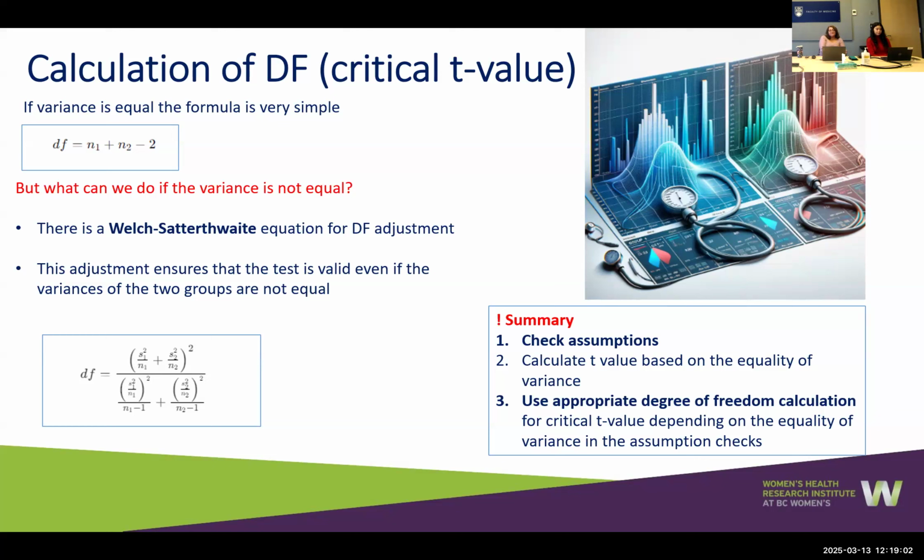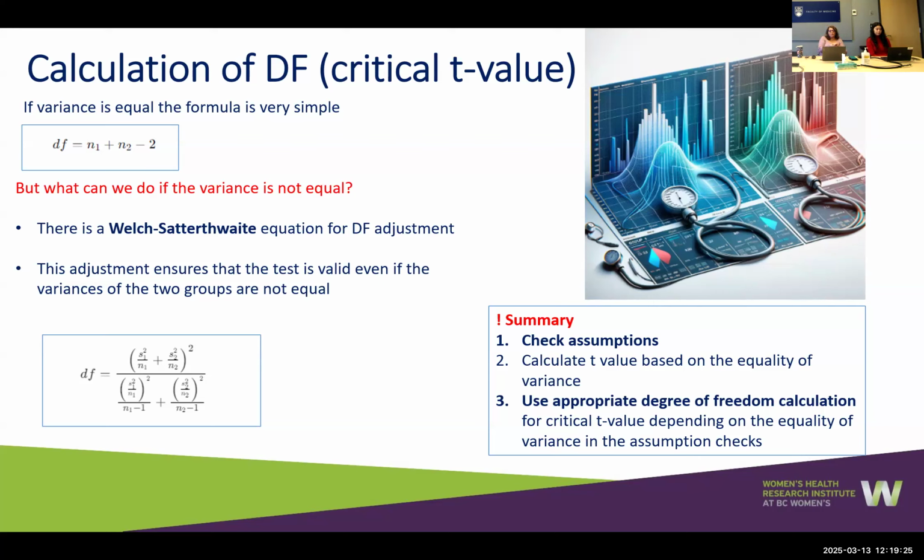So basically, here's the summary of everything I was talking about until now. We need to check the assumptions of our t-test. First of all, we need to decide if the distribution of the two independent samples or the difference is normal. We need to calculate t based on the equality of variance formula.